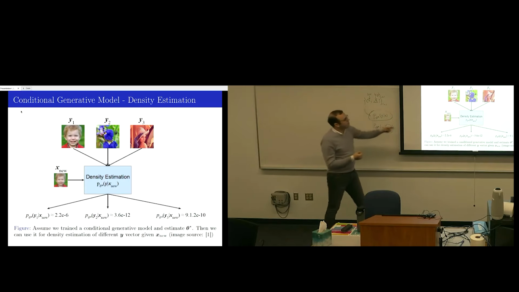Assume that sample is this one. What does this model say? This model is trained to understand the higher resolution version of its input. It can understand what the higher resolution corresponding to that input is.